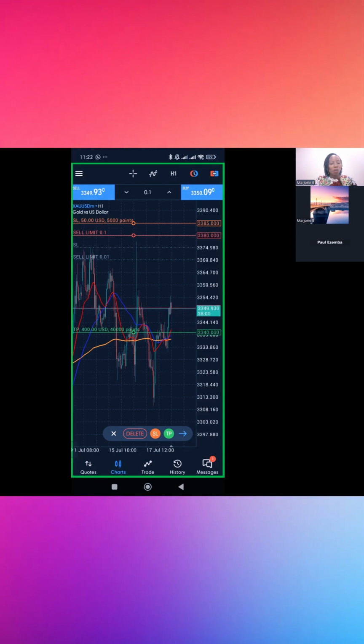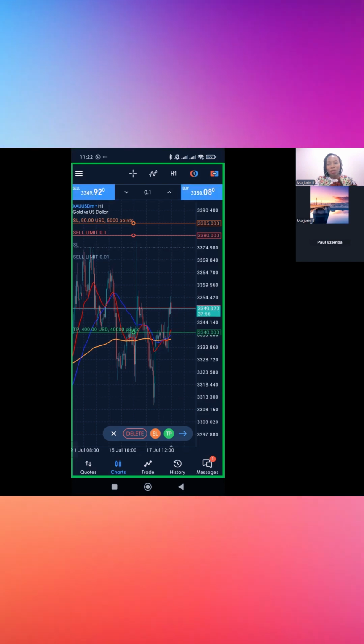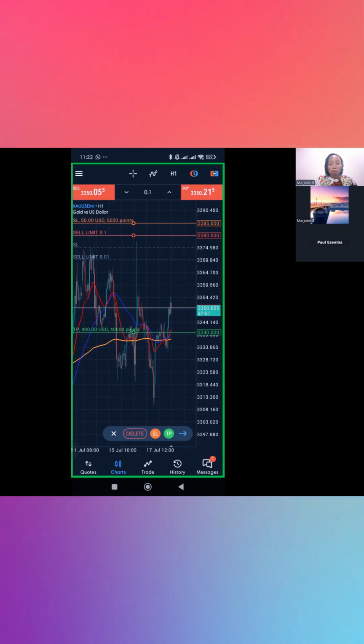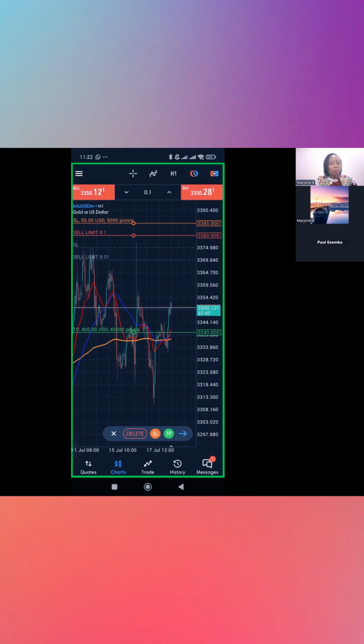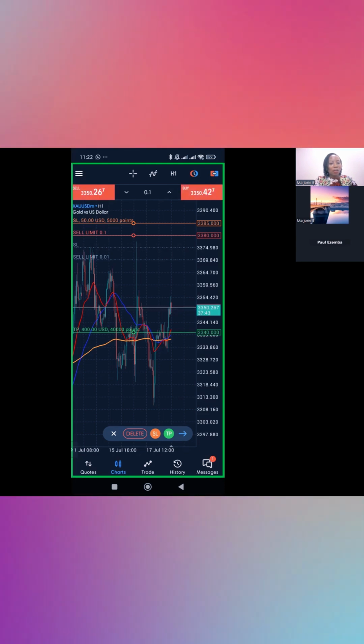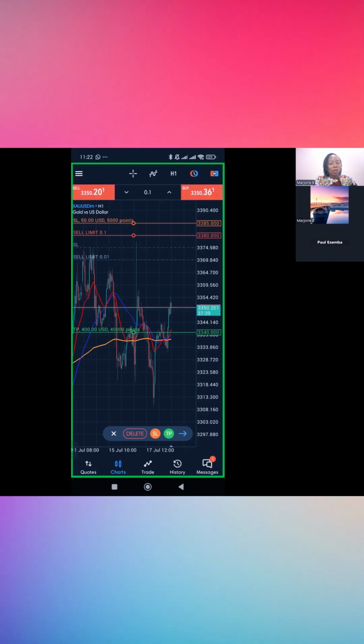So between 3380 and 3340 is 40 pips, and I'm having 10 lot size. Oh, 0.1 is the lot size. I thought it was 0.01. You can see the lot size there, in between those two prices, the buy and sell price.